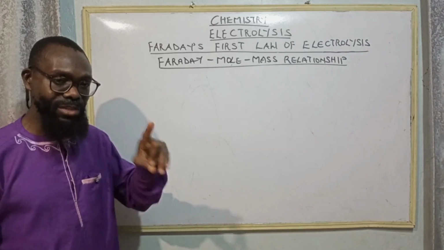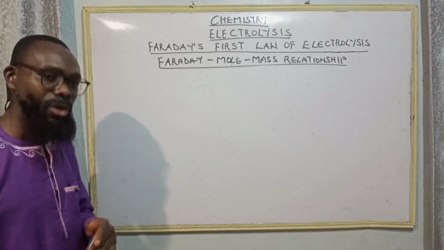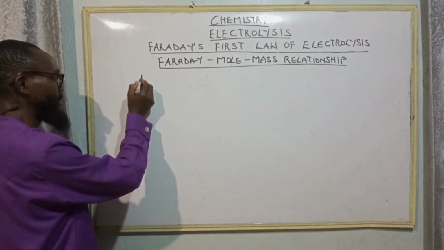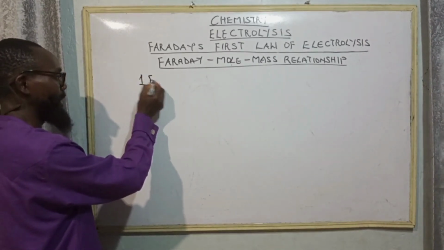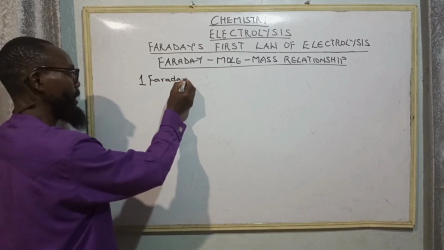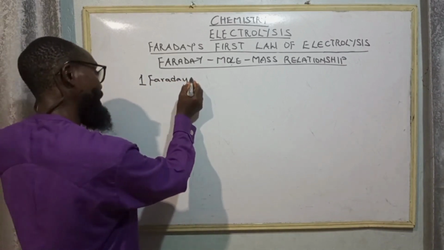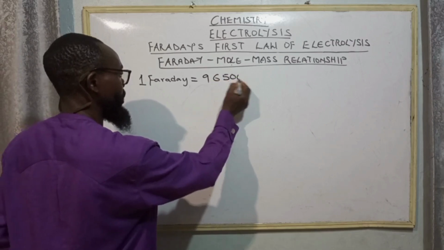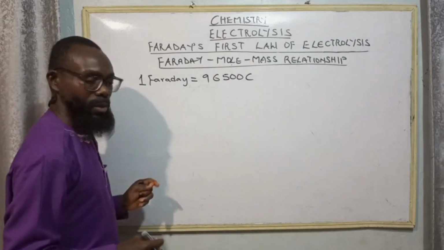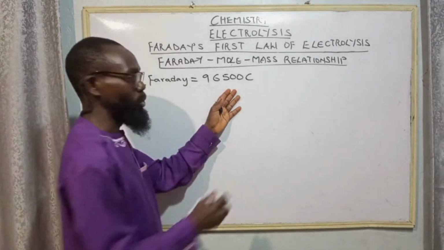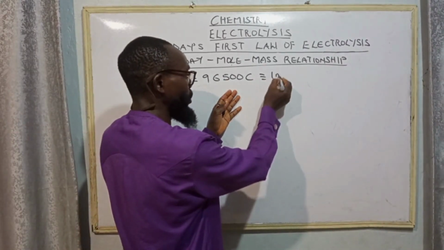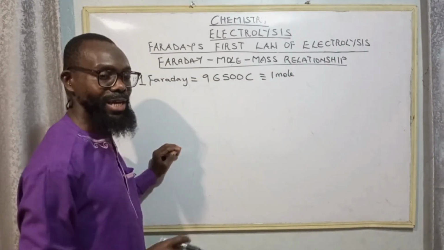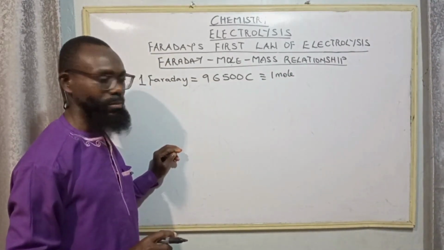And this 96500 coulomb is referred to as Faraday's constant, which means 1 Faraday is equivalent, that is equals to 96500 coulomb. And this 96500 coulomb is equivalent to 1 mole of any elements in the electrolysis.